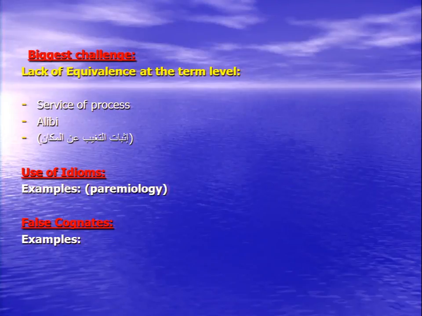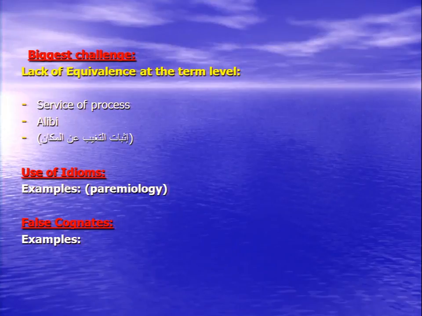All right. The other challenge I faced is lack of equivalence of terms. There are some terms in the legal jargon that we couldn't come up with a word for. My example here is alibi.